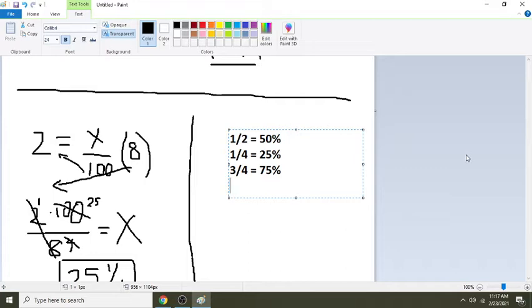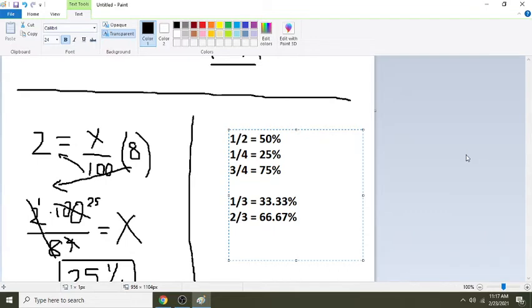What else? Let's deal with thirds. 1/3 is 33.33%. 2/3 is 66.67%.